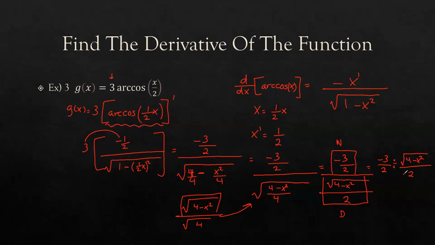Then what you could do is cross multiply. So this would be negative 6, and then this is 2 times that, 2 square root of 4 minus x squared. And then finally, negative 6 divided by 2 comes out nicely. That is negative 3 over the square root of 4 minus x squared.